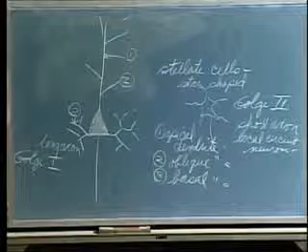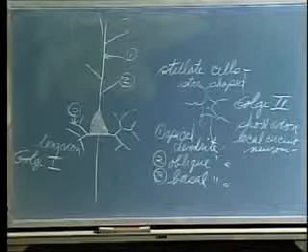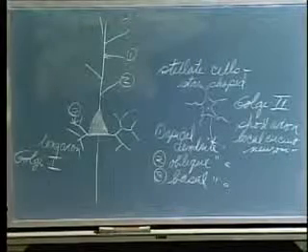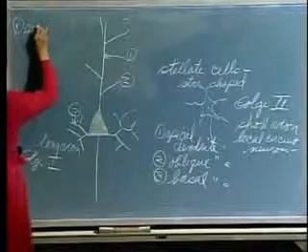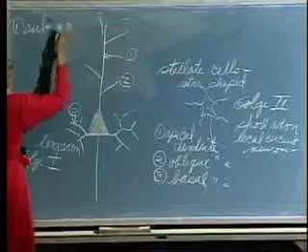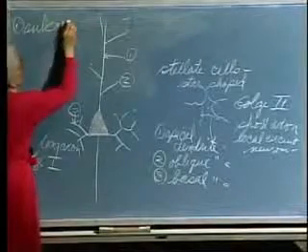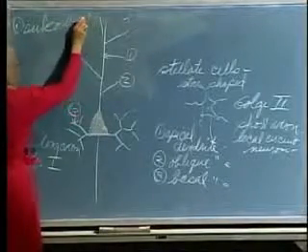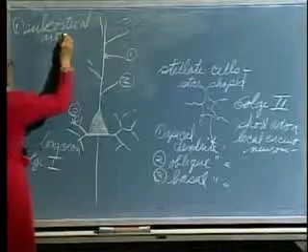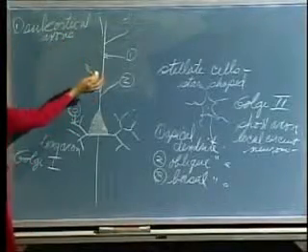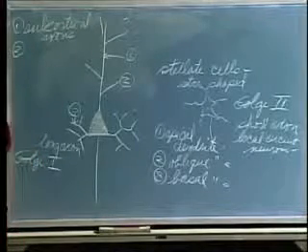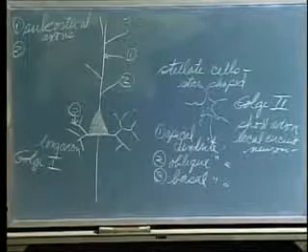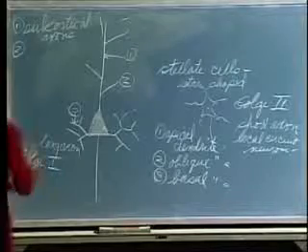But it's interesting because each set of dendrites receives a different input. So the apical dendrites are receiving subcortical axons. The oblique dendrites will be receiving from the opposite hemisphere, the contralateral hemisphere.